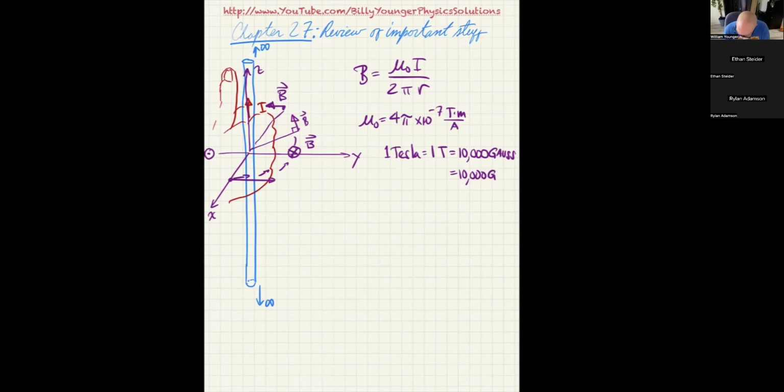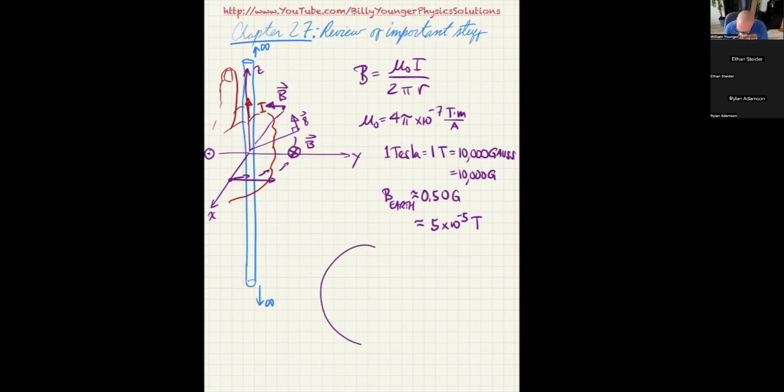And the Earth's magnetic field is on the order of 0.50 Gauss, okay, which is about 5 times 10 to the negative 5th Tesla. So that's some information that should come in handy from time to time.